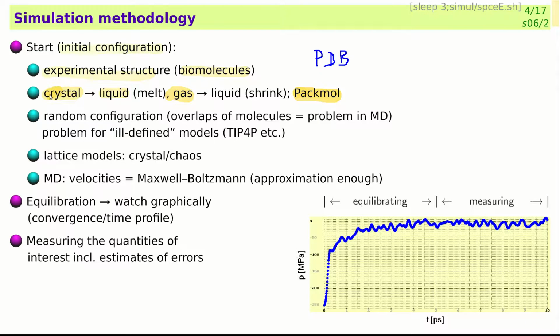So if we don't use a crystal to simulate, let us say, liquid, we can use a random configuration instead of gas. There are problems with overlaps of molecules, so in this case we should minimize the energy or do some other tricks. Also, some models are ill-defined with respect to a real random configuration, because, for example, models like TIP4P water, also SPC/E water, contain several partial charges and one Lennard-Jones term.